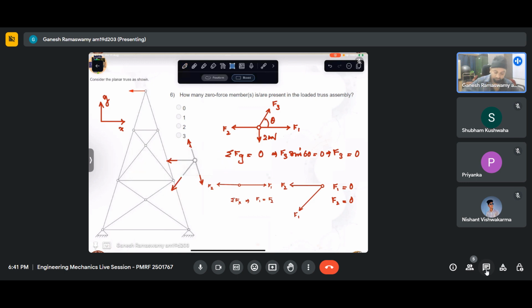So we have more than three forces there, although two of them are collinear. So we cannot conclude anything out of this. This has to go through the formal route for analysis, and probably all of them would be carrying some force. So in that light, there are no joints which essentially connect three members, so that condition also doesn't get satisfied. So there are no zero force members in this analysis.